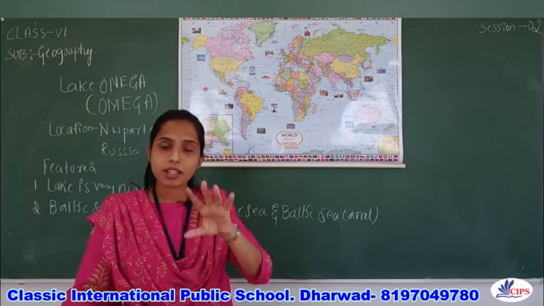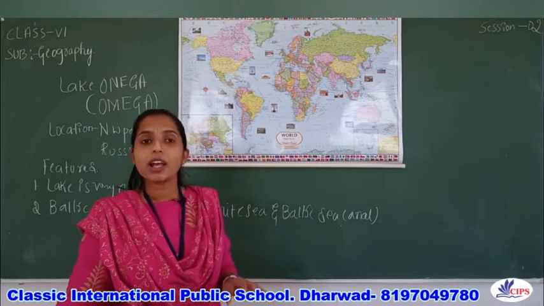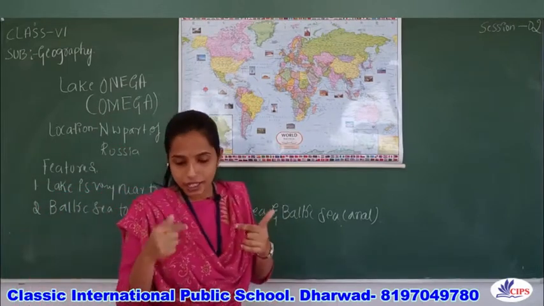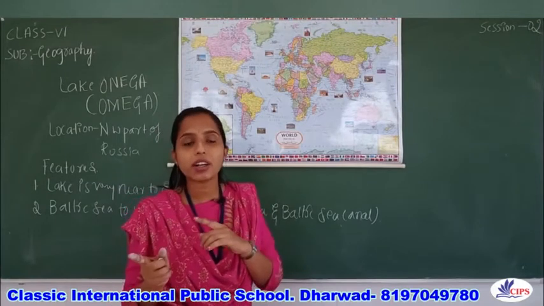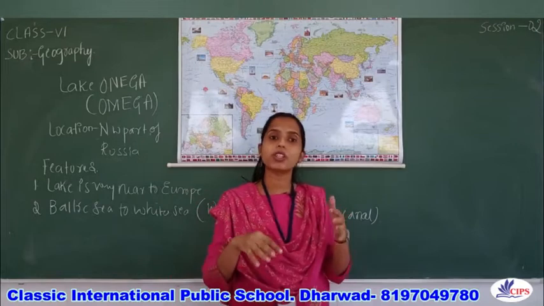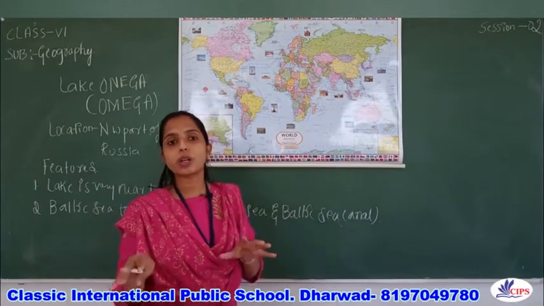As it is connected to all these three important water bodies, this Lake Onega plays an important role in internal transportation, that is, in the domestic transportation as well as in international transportation of goods and passengers.